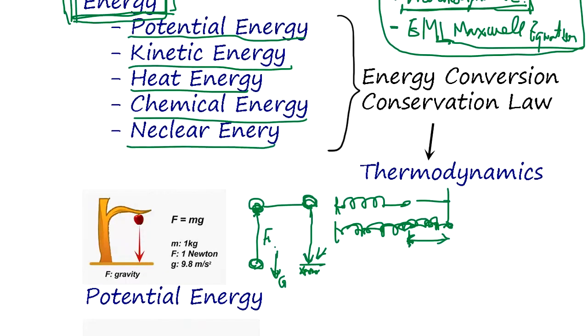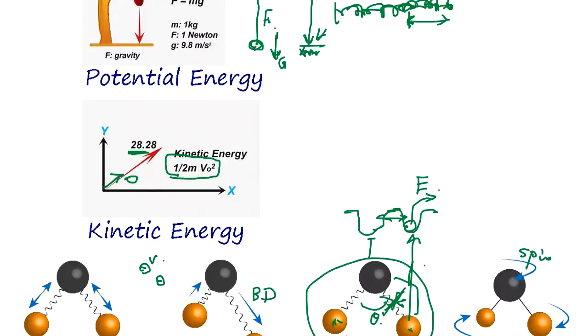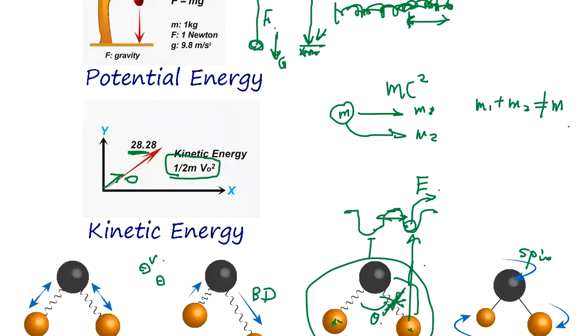And you have nuclear energy. The nuclear energy is like the famous mc squared. When a mass breaks into two masses, the sum of the two masses is not equal to m. It's rather slightly less.